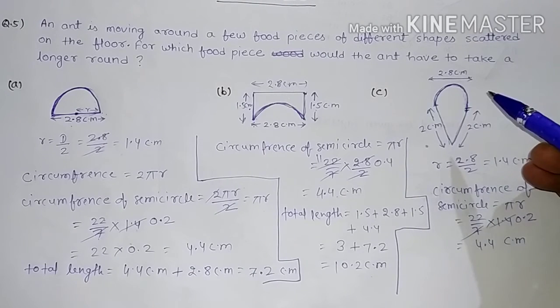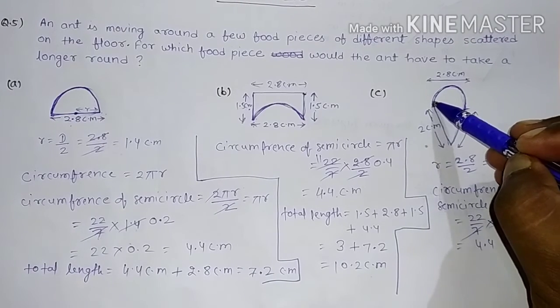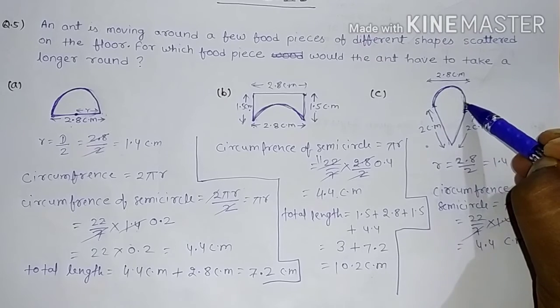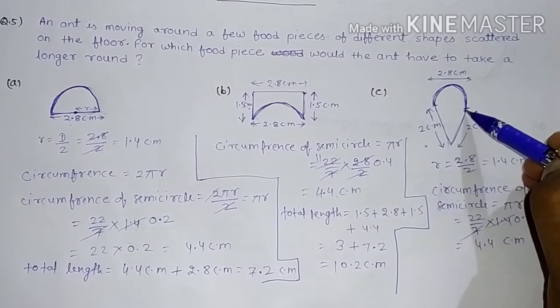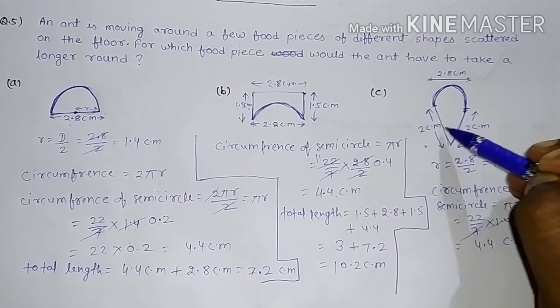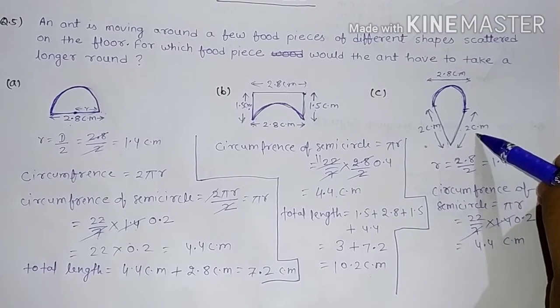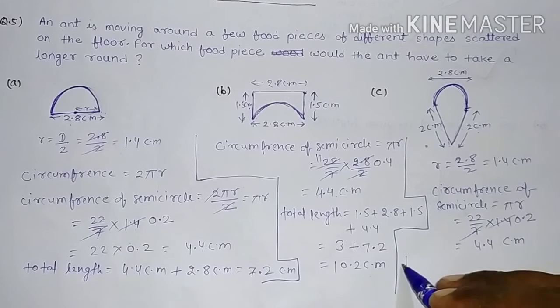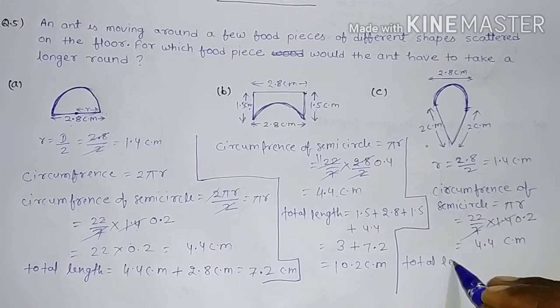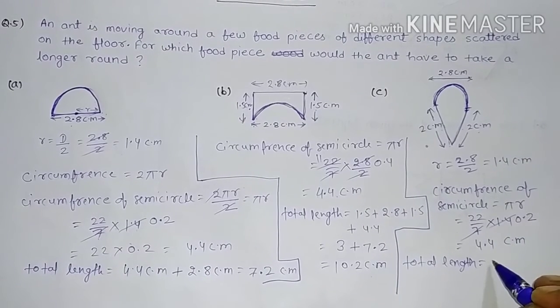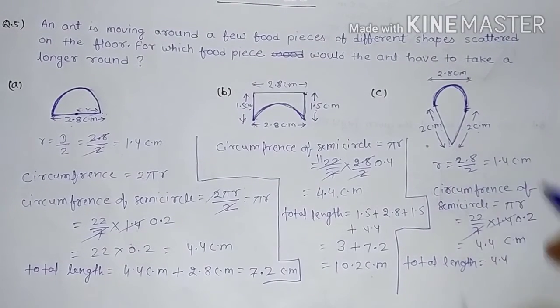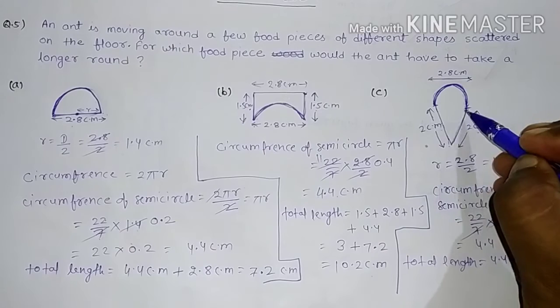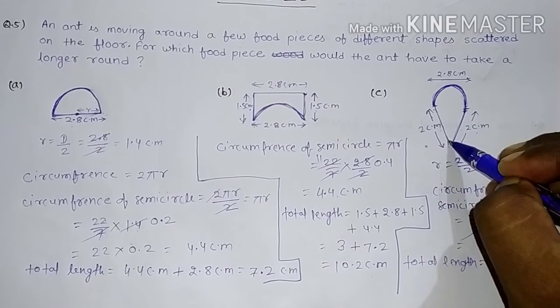Now the total perimeter of this figure is the length of this half circumference plus 2 plus 2, these two sides, that is 2 centimeter given here. So the total length is 4.4, the length of this part, plus this is 2 and this is 2 centimeter.